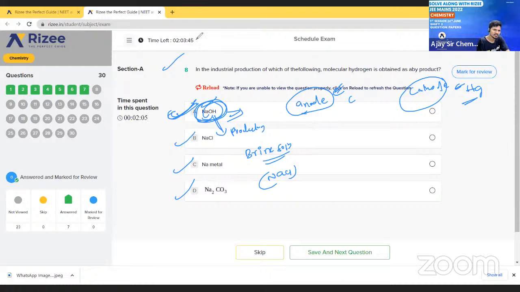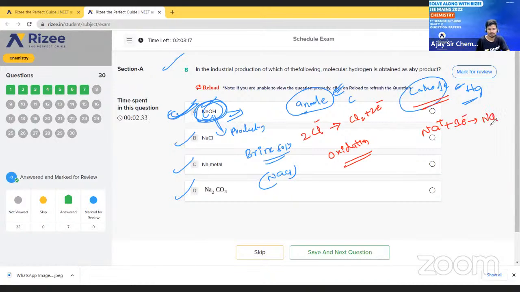See here how the reaction happens. 2 Cl minus goes to Cl2 plus 2 electrons. That means it is oxidation. At the cathode, simple reduction happens. Na plus takes 1 electron and becomes Na, and very importantly the Hg attaches with this sodium.